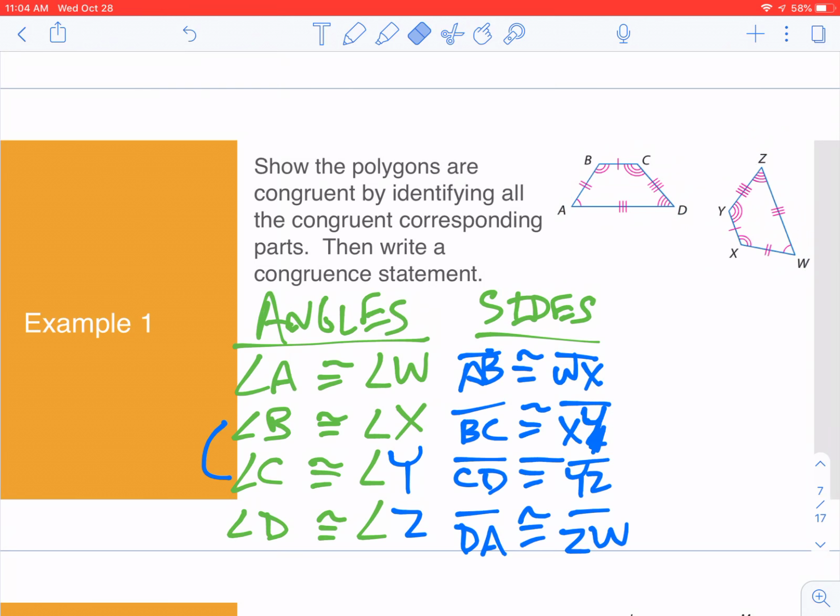So that's how they match up. And now I can just look at my angles and I can write a congruent statement for the whole thing. I'm going to say that ABCD is congruent to WXYZ.